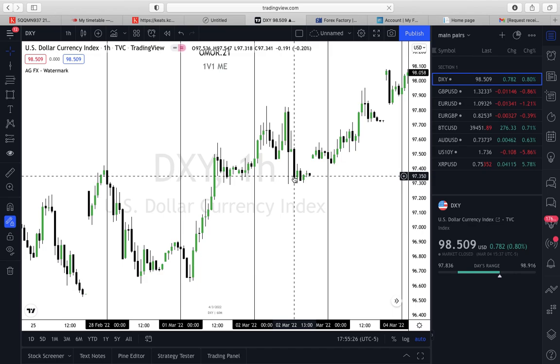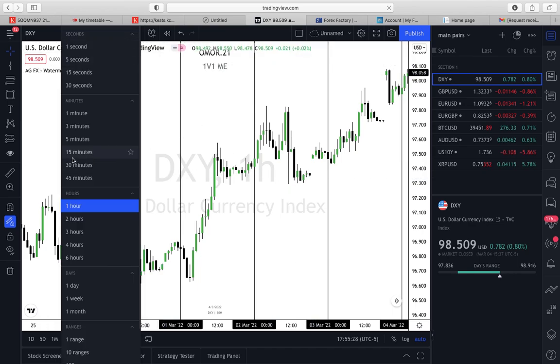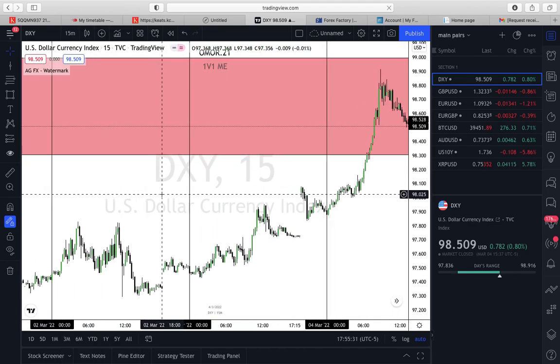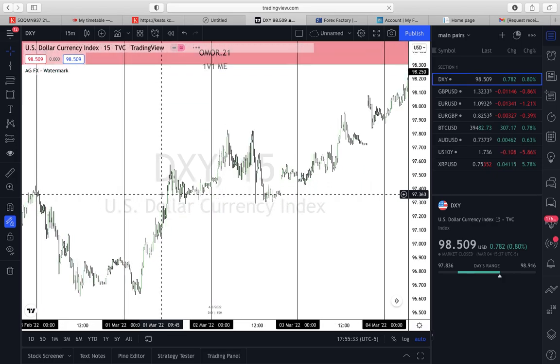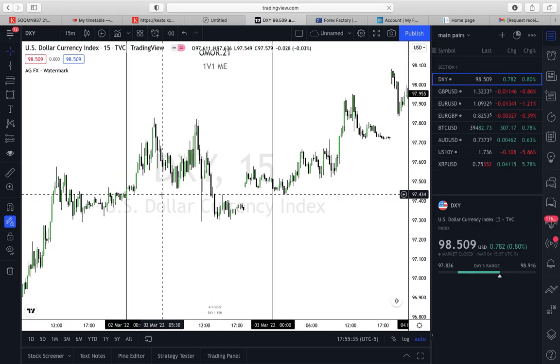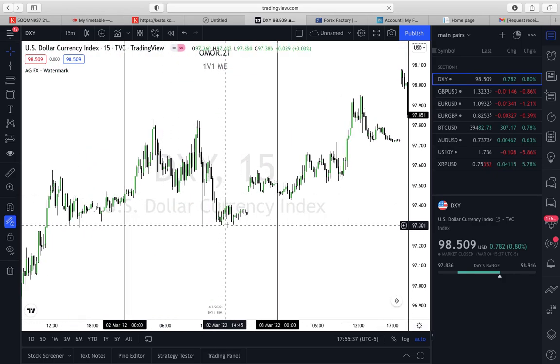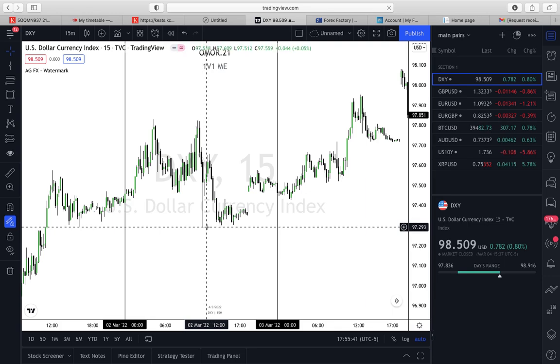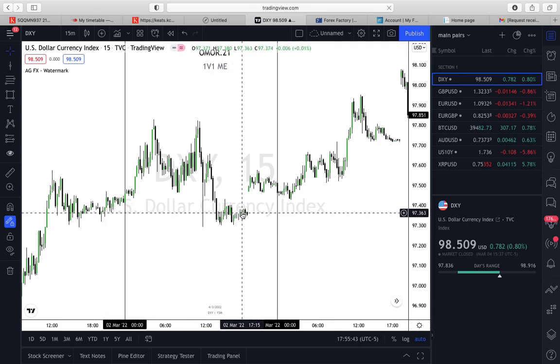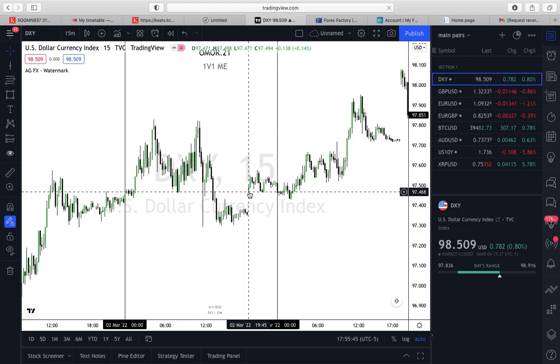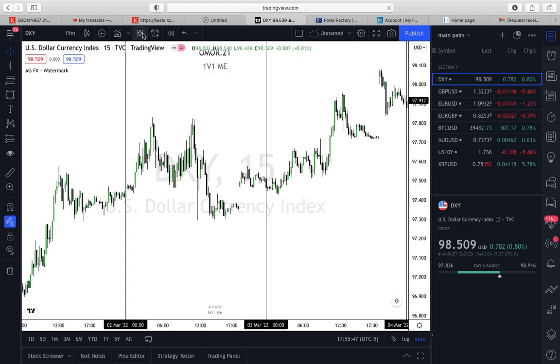This candle here, if you go on the 15-minute, this candle here, it did not break the low of this. Yeah, it didn't break the low here, and it's consolidating. Gaps higher. So let's go back to the 1 hour.